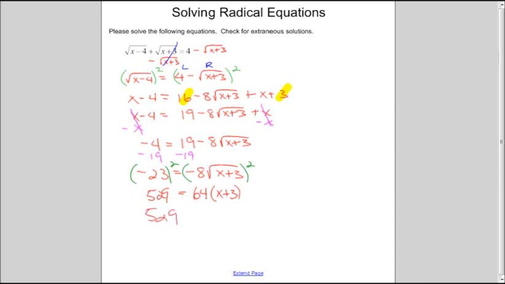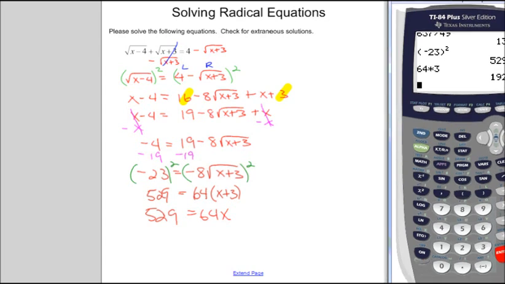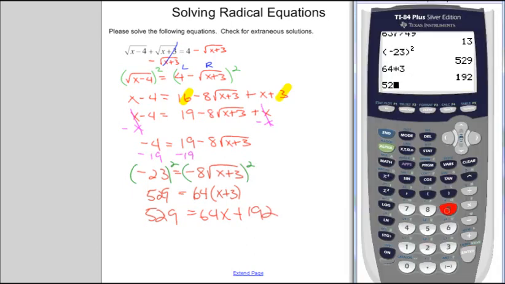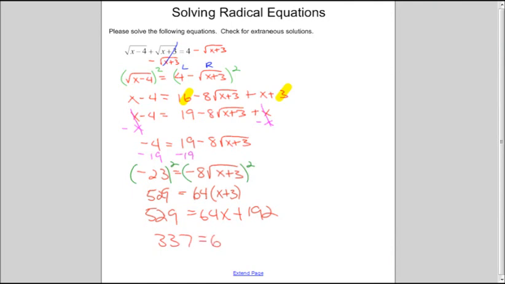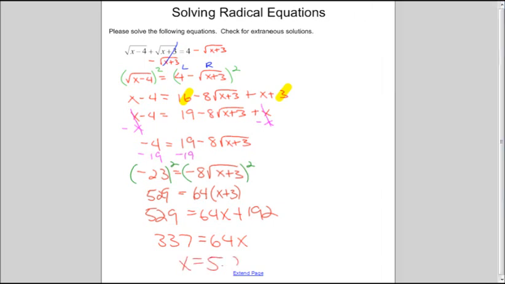Then I'm going to get 529 is equal to 64x plus 192, since 64 times 3 is 192. Then I'll subtract 192 from both sides. 529 minus 192, I get 337. It's equal to 64x. Divide by 64. And get x equals 5.27, we'll call it.